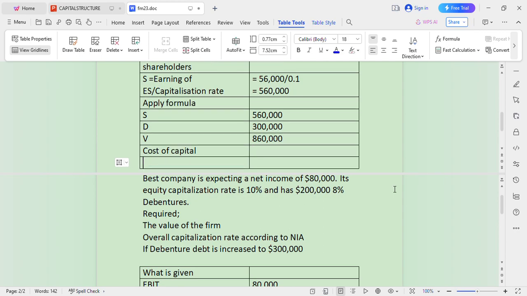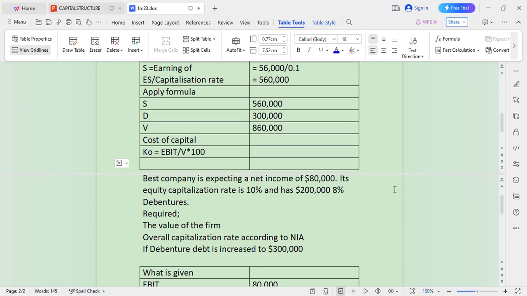The formula is: KO, cost of capital, equals earning before interest and tax divided by the value of the firm times 100. So apply the formula. When you apply the formula, what do you get?